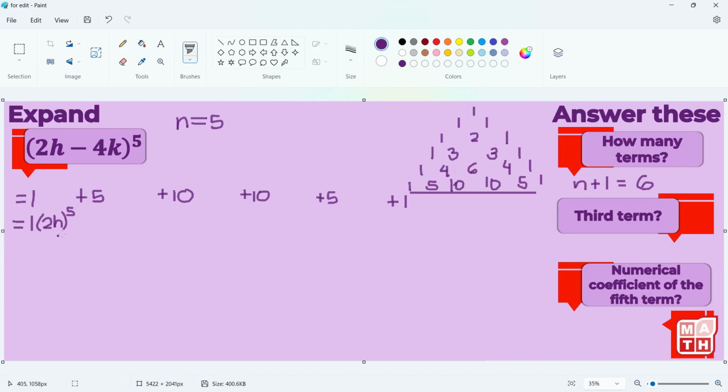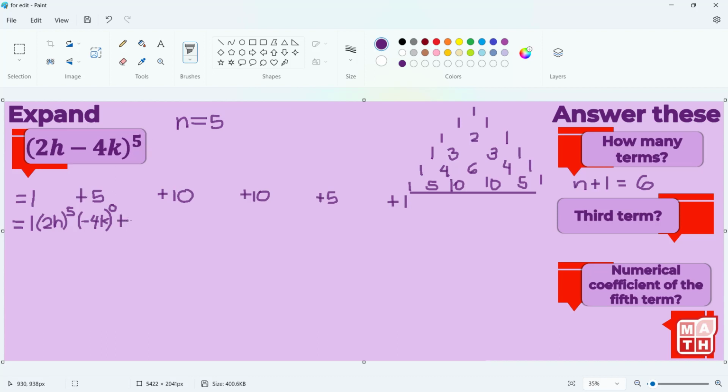As we move further to the second, third, until the last term, the exponent for 2h will be in decreasing order. As for our second term, we have minus 4k. Please include the negative sign, and the 4, in our exponentiation. At this time it's still to the power of 0, as the exponent of the second term will be in increasing order until we reach negative 4k raised to the power of 5, which matches the highest degree.